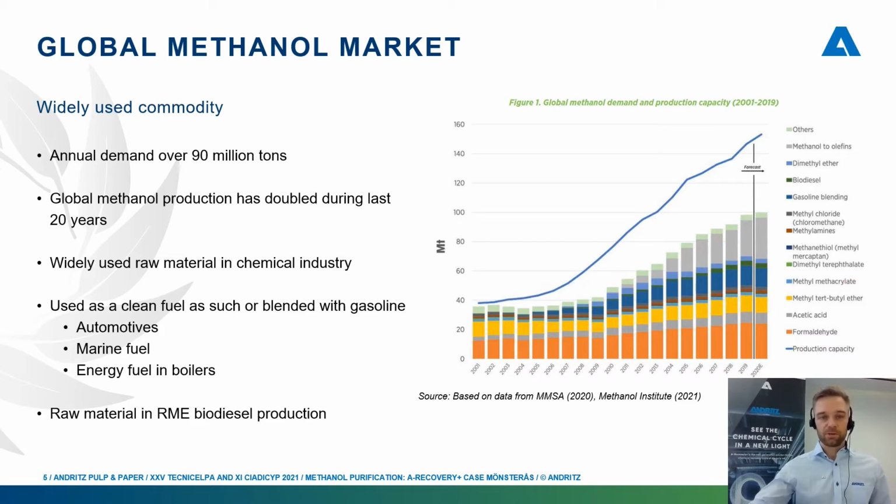It's a very widely used raw material in the chemical industry, and it's also used in the energy sector as a clean fuel as such, or as blended with gasoline in automotive engines, in marine vessels, or simply as an energy fuel in boilers. And it's also one raw material in fatty acid methyl ester biodiesel production.